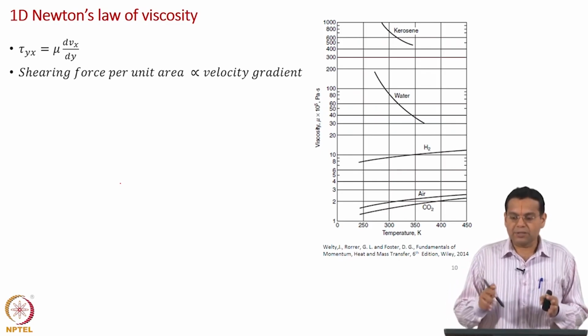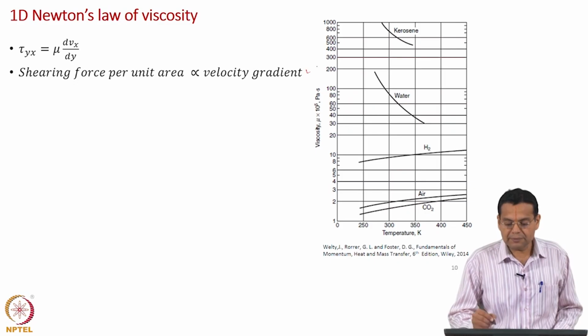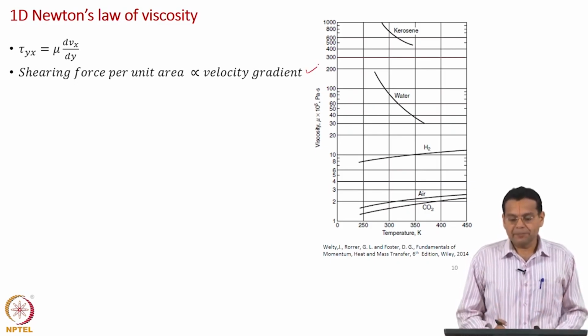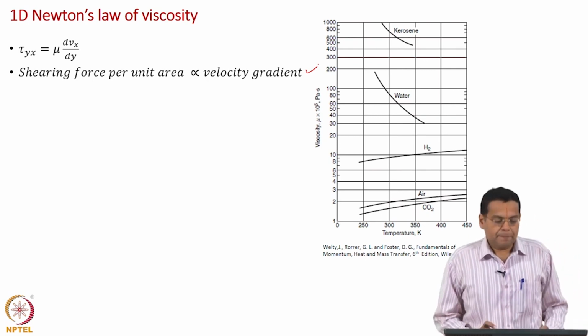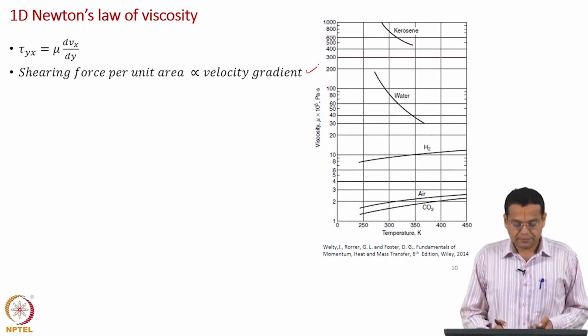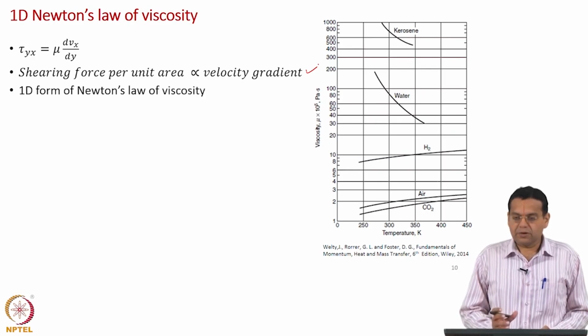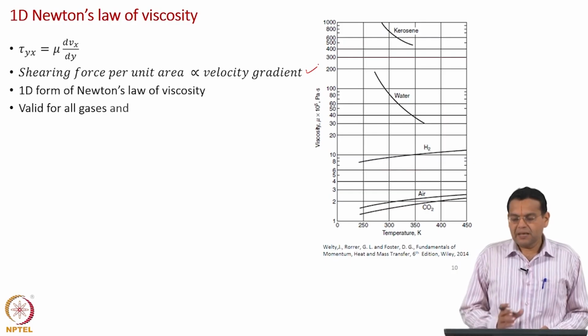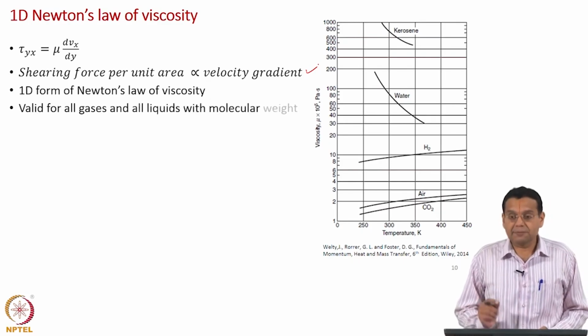All of them are put together in one simple statement saying that the shearing force per unit area is proportional to the velocity gradient, and of course that is what Newton's law of viscosity says. Of course, in the one dimensional form, and we used a word saying that it is experimentally observed.